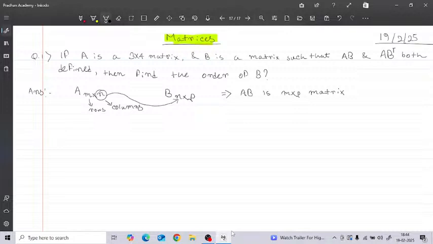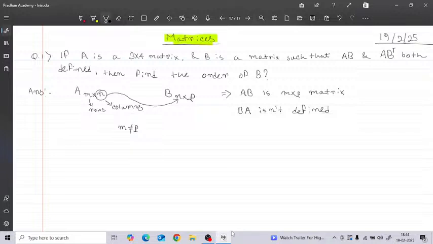Okay, so AB is defined, but in that case BA is not defined, as here the first matrix is B. So what is the column number of B? That is p. And what is the row number of the second matrix A? That is m, and m is not equal to p. So BA is here not defined.